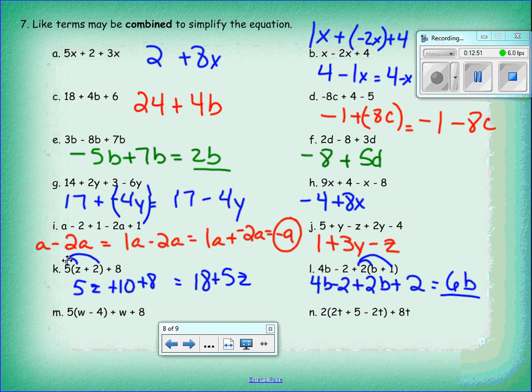I wrote 4b minus 2 plus 2 times b is 2b. Distributed the 2 to everything inside the parentheses. 2 times 1 is 2. So now I have to simplify 4b minus 2 plus 2b plus 2. Our constant terms cancel each other out. So we have 4b plus 2b, and that's going to equal 6b.